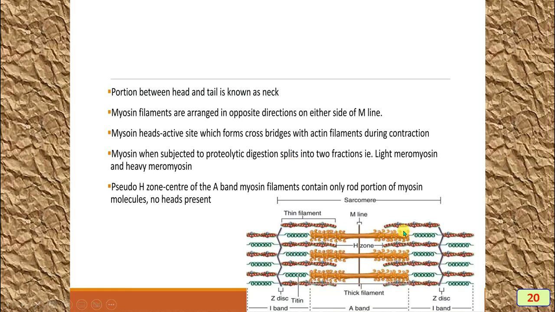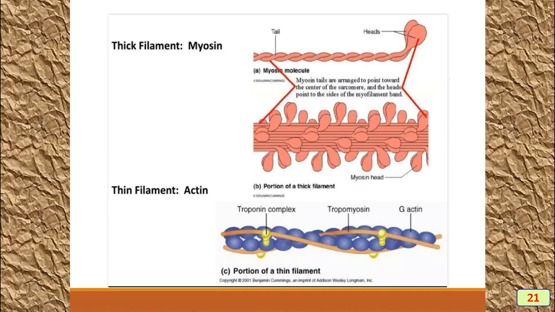So these are all the tiny structures: in between, the Z disc is there, the thick filament, and once again the I band, A band, and once again I band. These structures are very much required for the contractile strength of the skeletal muscle fiber.